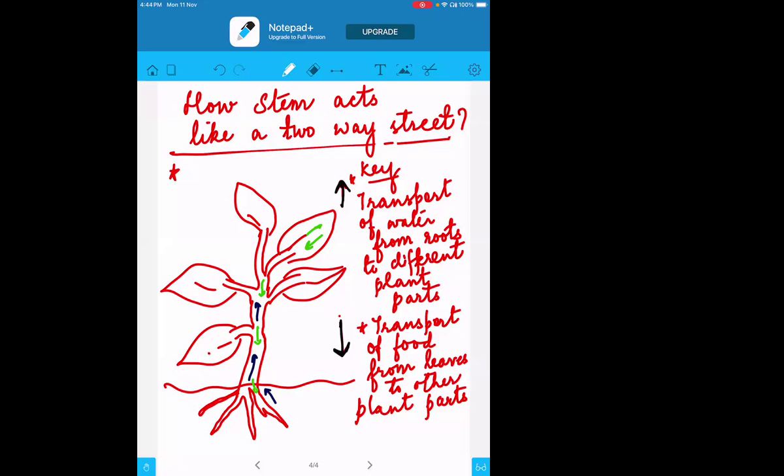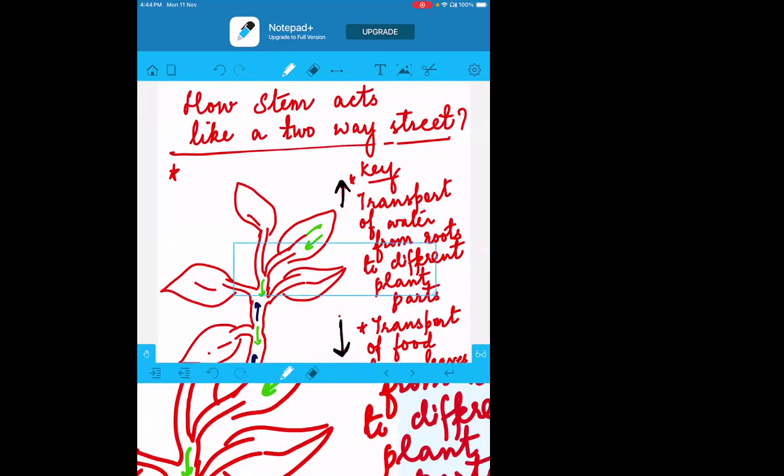This is how we say that it is a two-way street. The stem takes the water and the minerals from the bottom to the top of the plant, whereas from the top of the plant, the food is shifted down to the other parts of the plant through the stem. Fine, so draw this diagram and also write these two key points.